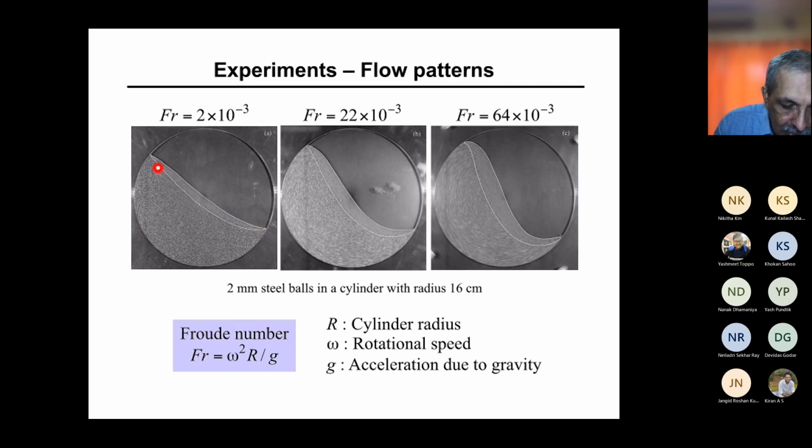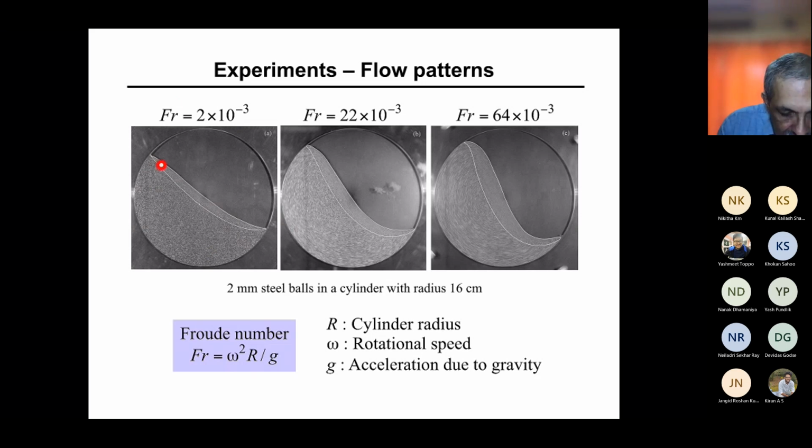You can see it is fuzzy, because the particles are moving. This part is fuzzy, but here where the particles are slowly moving and rotating as a fixed bed, you can see the particles. So you can clearly make out the difference between the flowing layer and the rotating fixed bed.